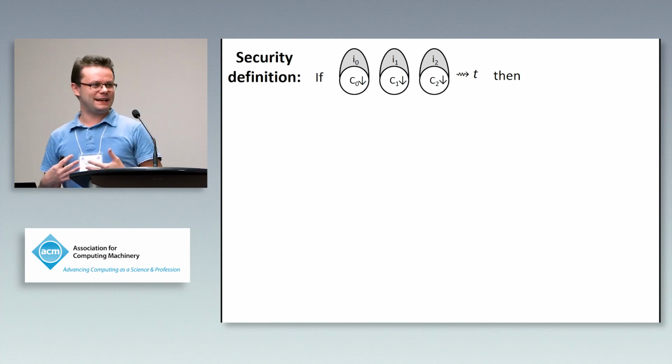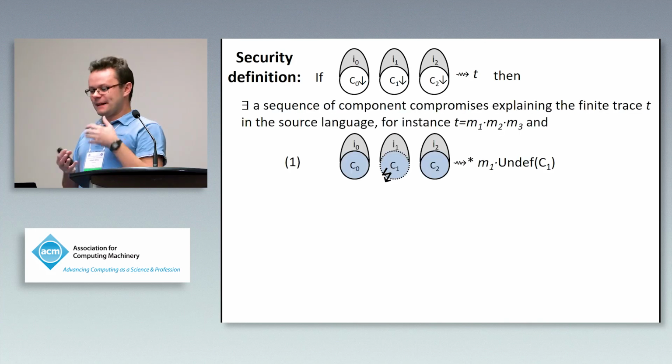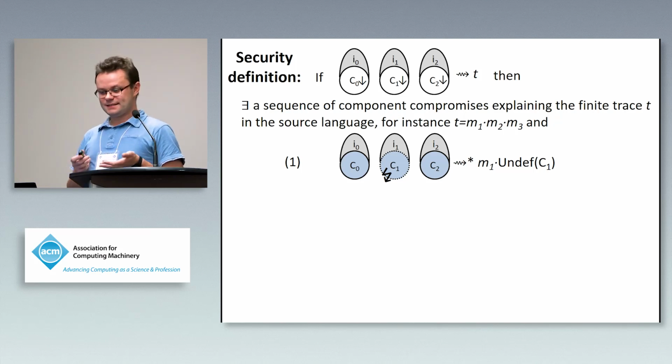And now we would like to explain this trace T in the source language. The way we do this is by a sequence of component compromises. So if you get this trace T in the target, then there exists a sequence of component compromises in the source that explains this trace.